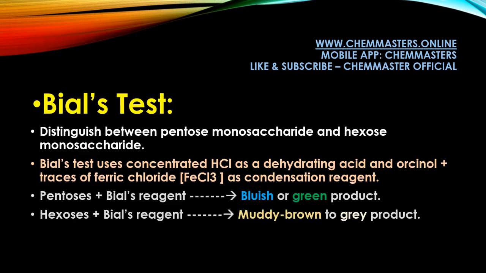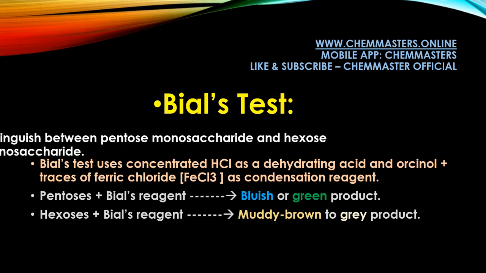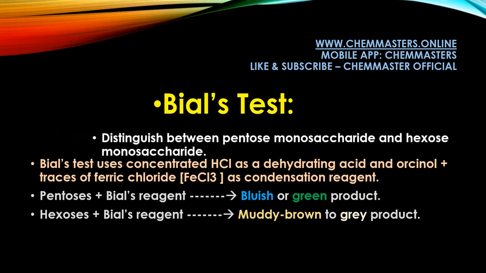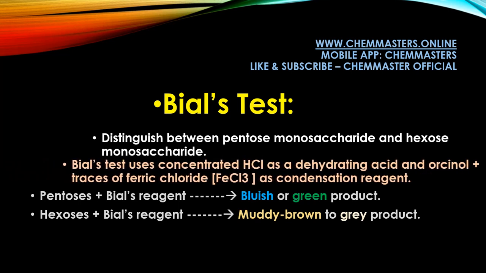Now the next one is Bial's test, which distinguishes between pentose monosaccharides and hexose monosaccharides, which is very important. Bial's test uses concentrated HCl as a dehydrating acid and orcinol plus a trace of ferric chloride as condensation reagent.